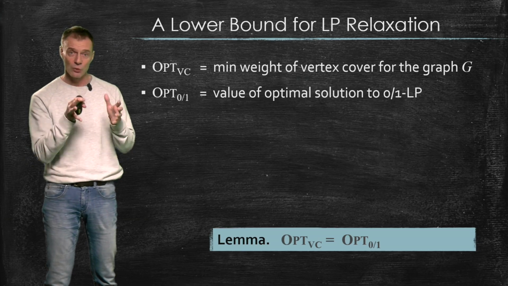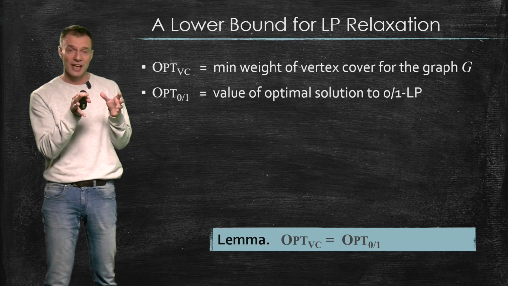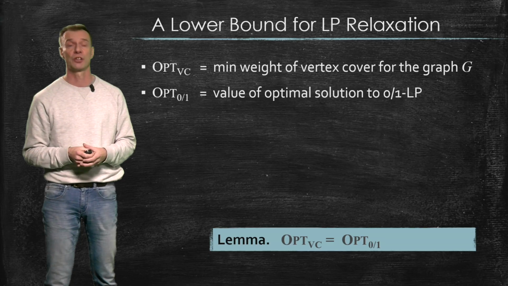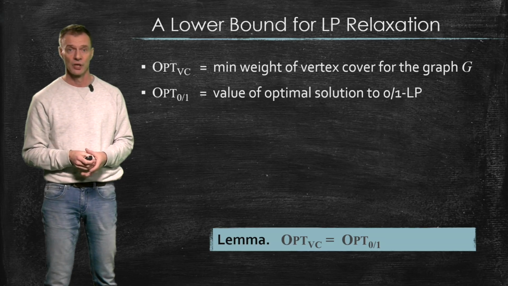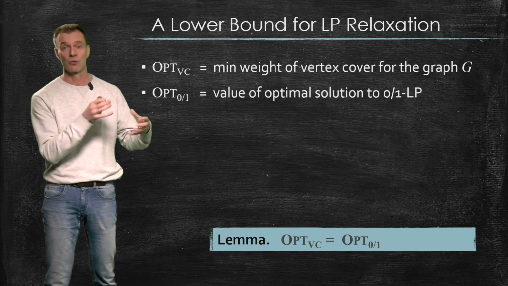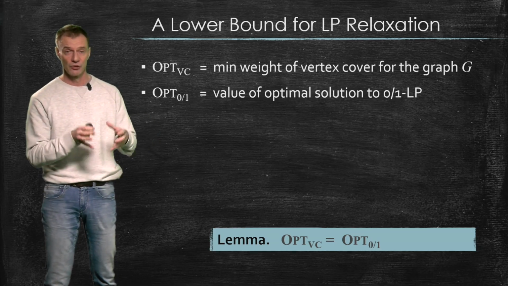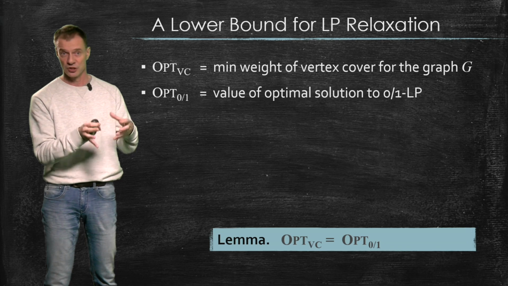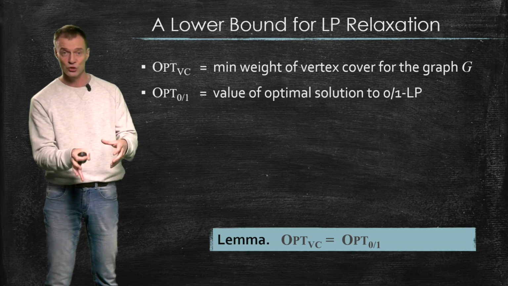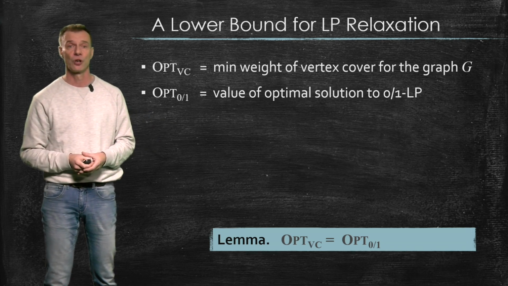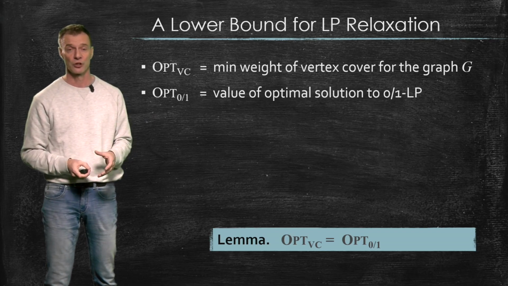And because our LP is an exact formulation of the weighted vertex cover problem, these two values must be the same. If I would solve the 0,1 LP, then that solution, since it's an exact model, is also an optimal solution for the vertex cover problem. So these two things are the same.